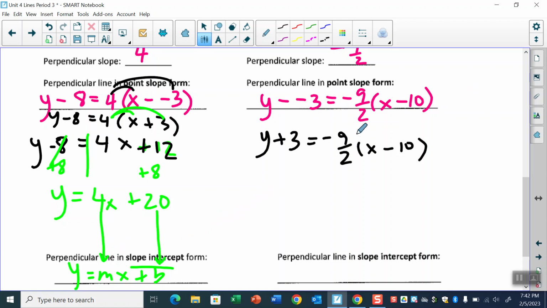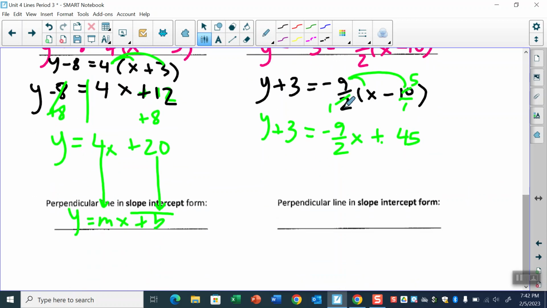And then now here, I'm going to do boom, boom. So y plus 3, -9/2x. And then I'm going to multiply this. Negative times negative is positive, right? And this is 10/1, so 10 divided by 2 is 5. And then 9 times 5 is 45.